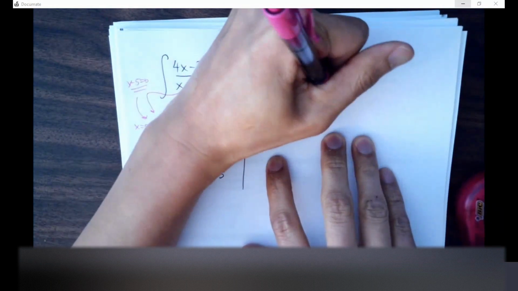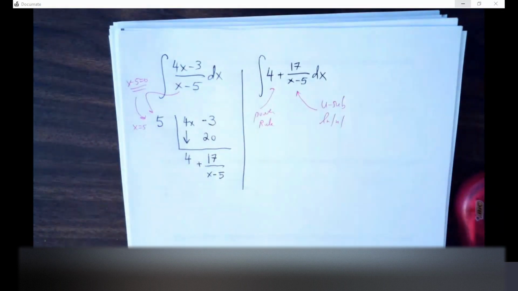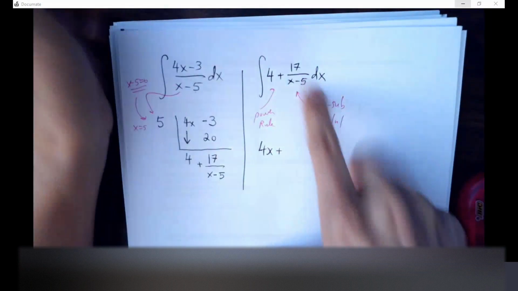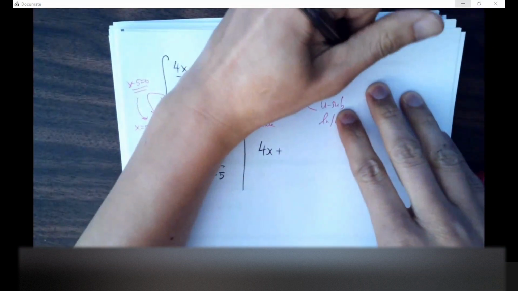And this one we can use u substitution, natural log. So 4 becomes 4x, u substitution. Or if you already recognize this is natural log, then great, you can save a few steps. Natural log of u, replace the u back in terms of x, plus c.